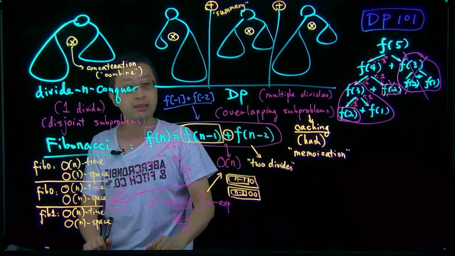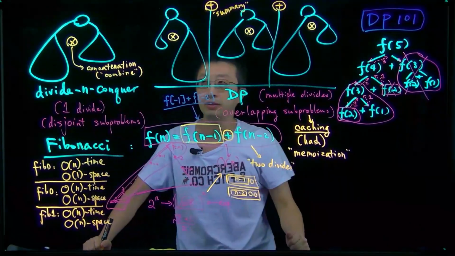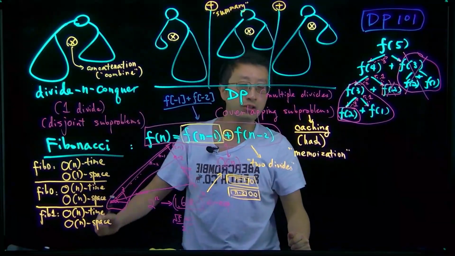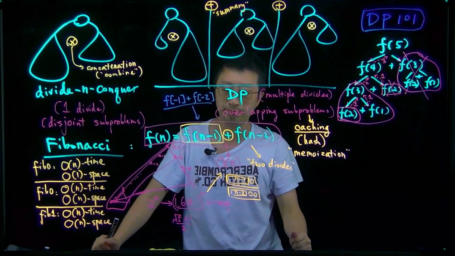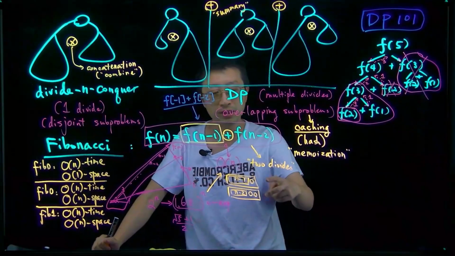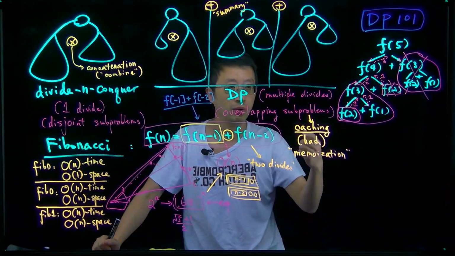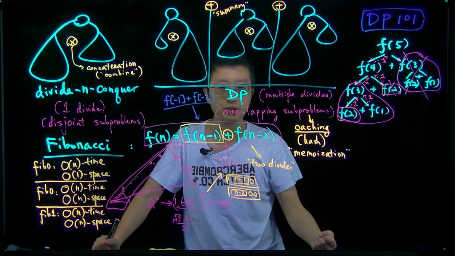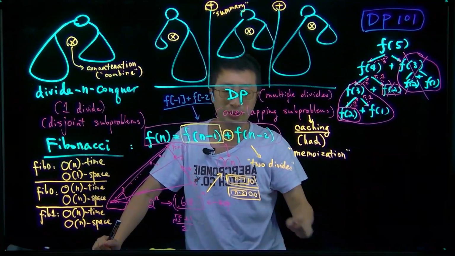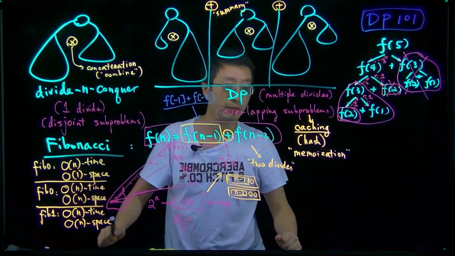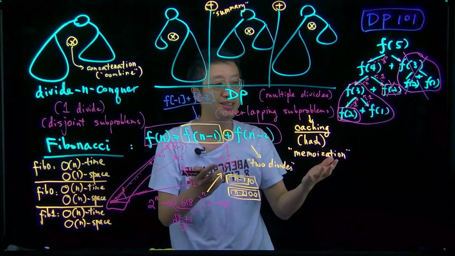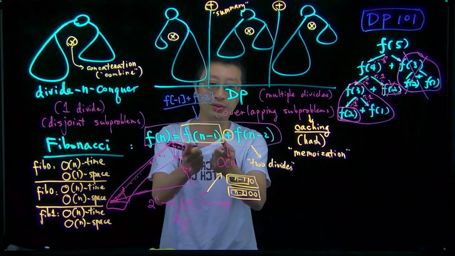But you might ask, in my Fibonacci question, where is my concatenation operator? Is there any? Well, because there's only one-sided recursion, like in quick select or binary search, it looks like there's no concatenation or combination operator because you only have one child. Whoever returns, you just take it.